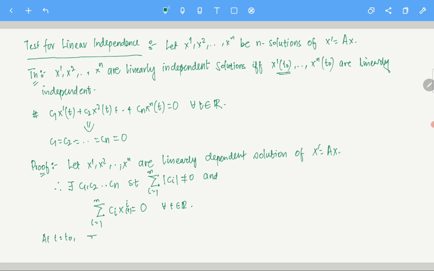At t equals t naught, it means that summation i equals 1 to n Ci xi at the point t naught is going to be 0, and that will imply x1 at the point t naught, x2 at the point t naught, xn at the point t naught, this bunch of vectors are linearly dependent.